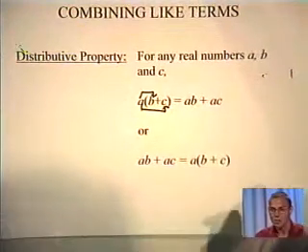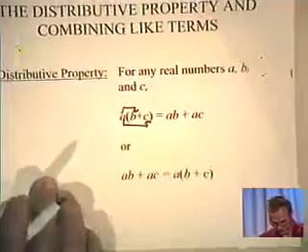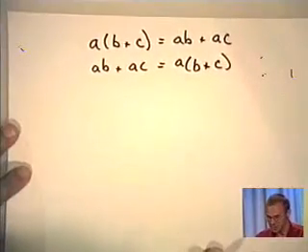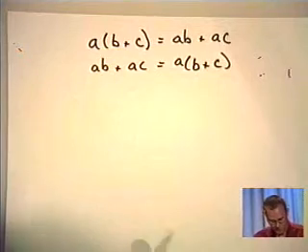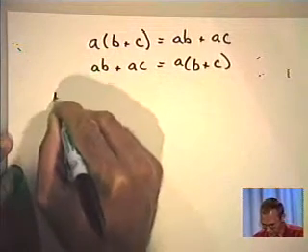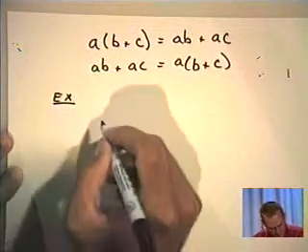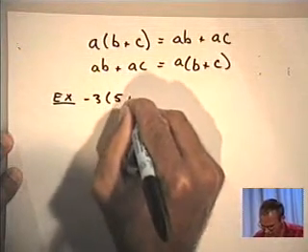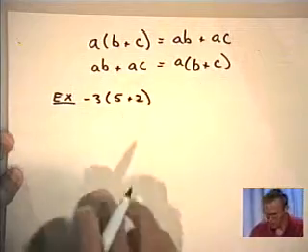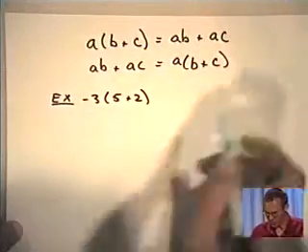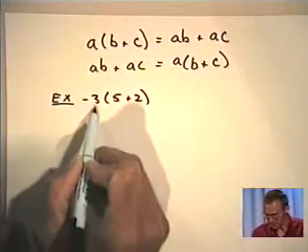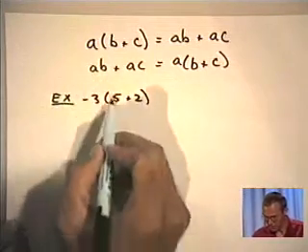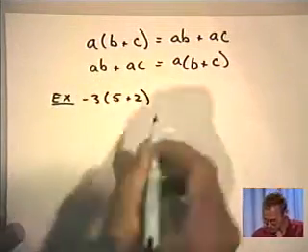What I'd like to do is do a few examples of this. So I'll rewrite the distributive property on the top. That's what we just learned. And let's do an example or two. Negative 3 times 5 plus 2. What I want to do is use our distributive property right here. Notice my negative 3 in this problem takes the place of our a, 5 is our b, and so on.